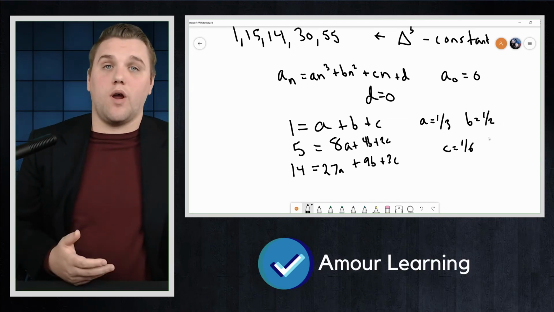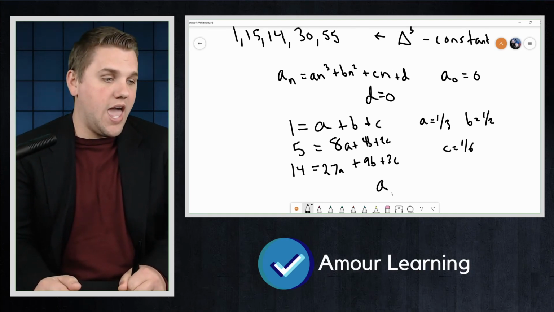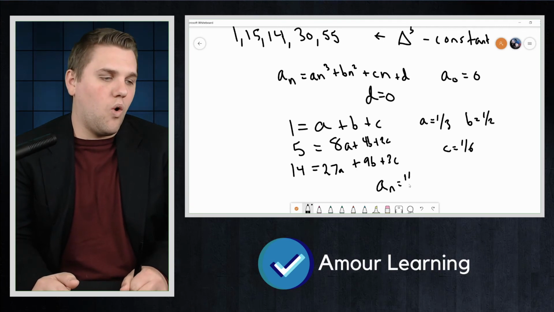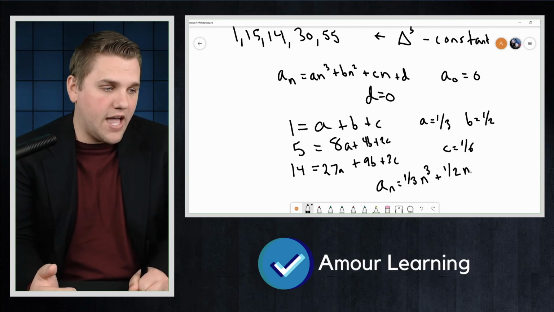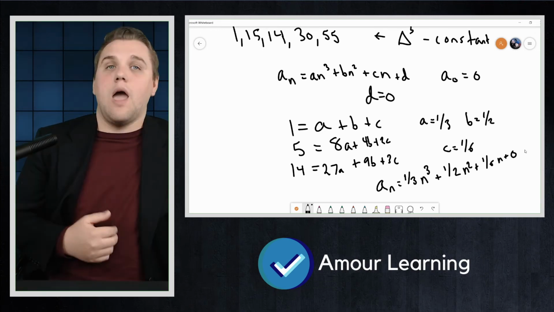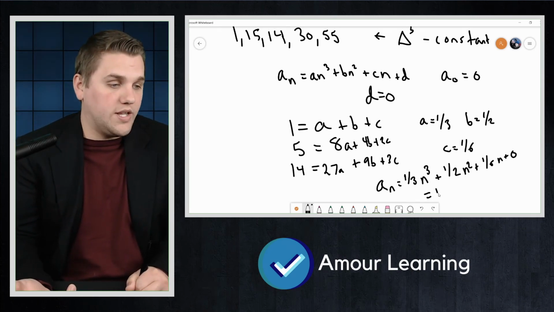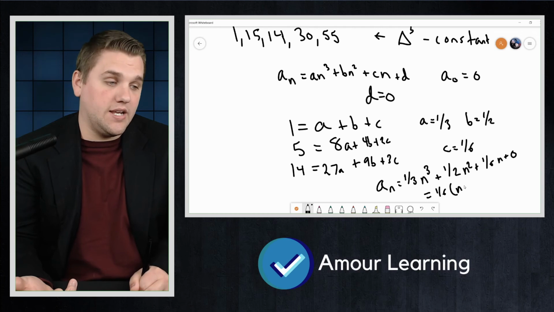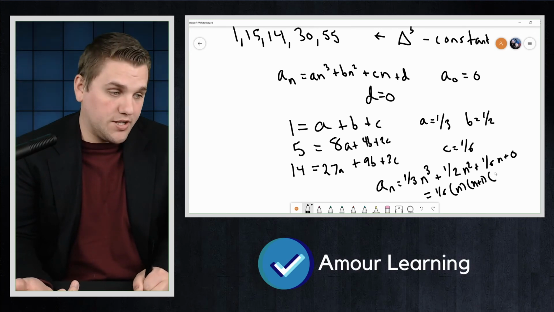Therefore, the number of squares on an n by n chessboard is a_n equals 1/3 n cubed plus 1/2 n squared plus 1/6 n plus 0. And by the way, we can simplify this. This is actually just 1/6 times n times (n plus 1) times (2n plus 1).